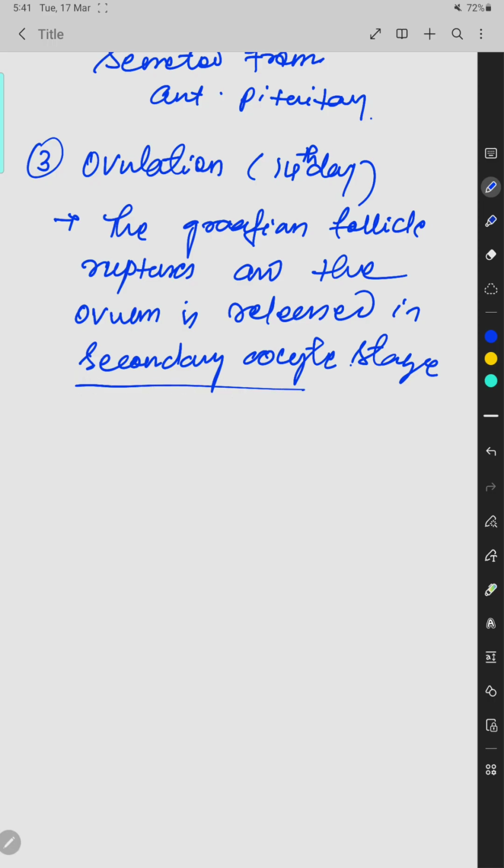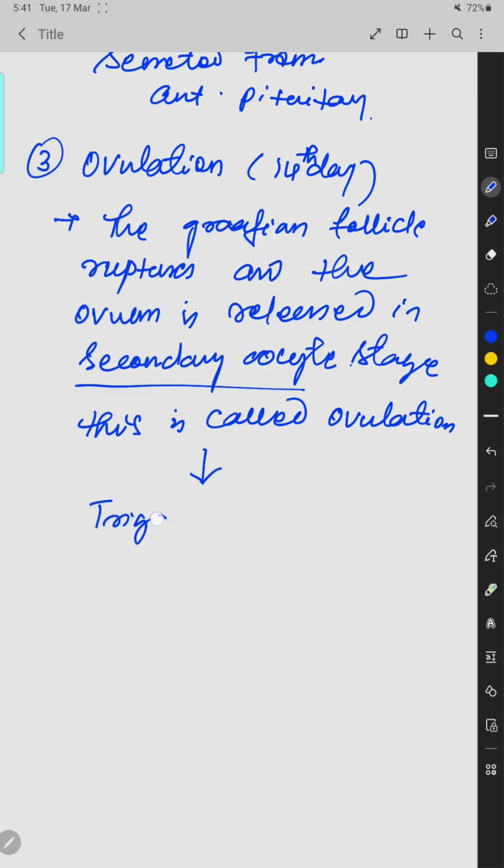In the secondary oocyte stage, this is called ovulation. And this ovulation is triggered by the LH surge.